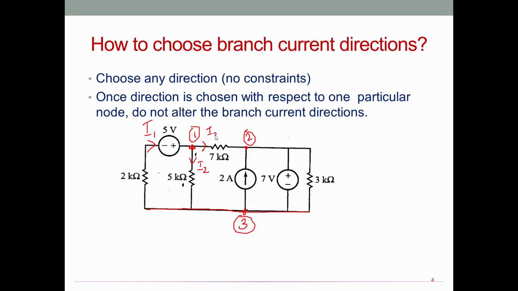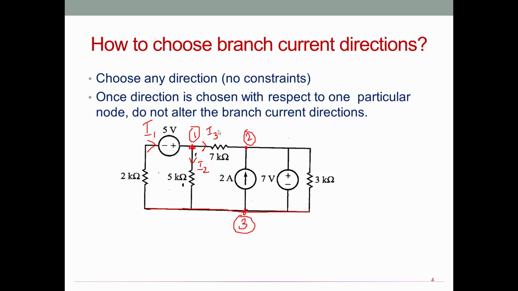With respect to node number 1, I have 3 branches. One branch having the current of I1, second branch having the current of I2, third branch having the current of I3. Now come to node number 2. Node number 2, I have 1, 2, 3, 4 branches.